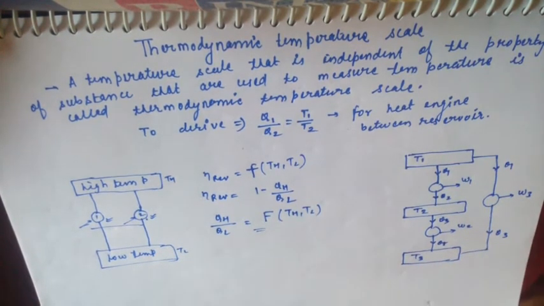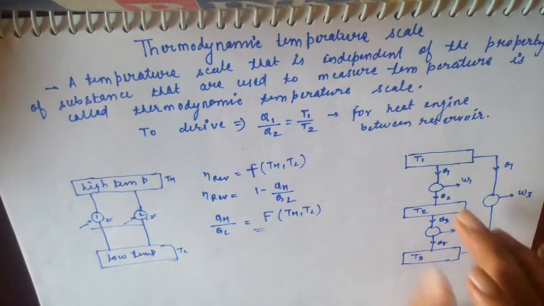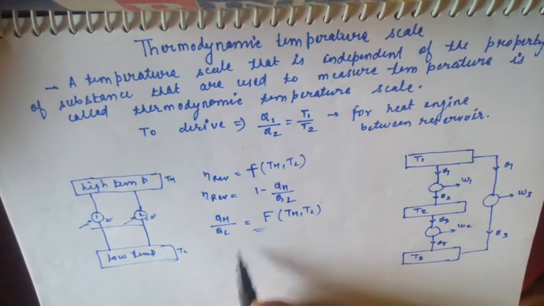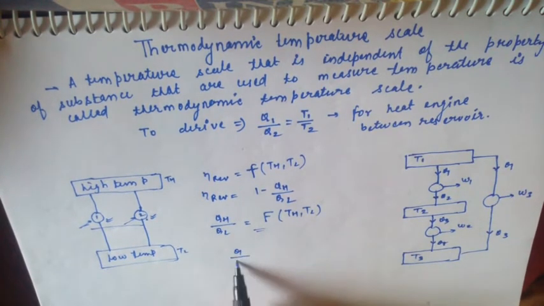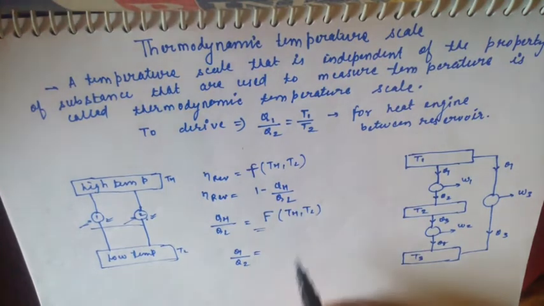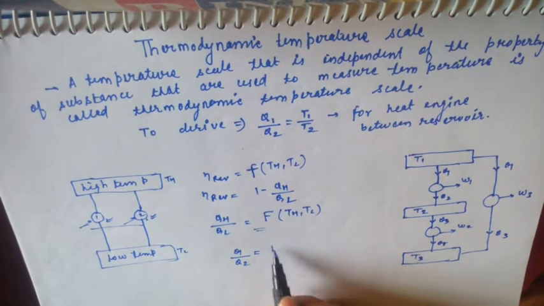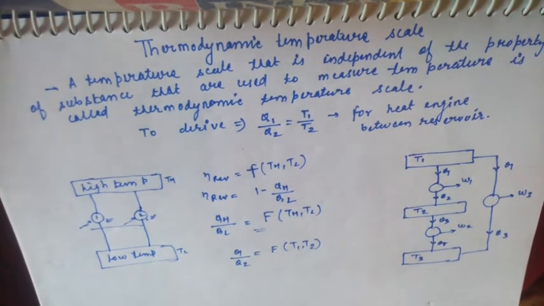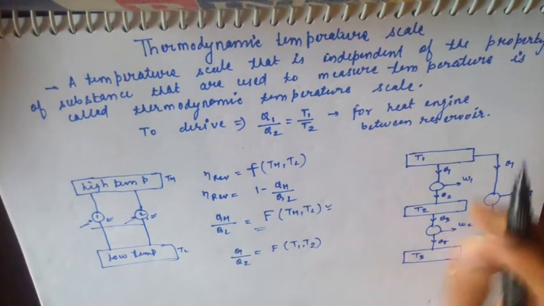Now we have 3 heat engines as shown, and so if we write Q1 upon Q2 is equal to a function of T1 upon T2, by this we can write for the first heat engine.